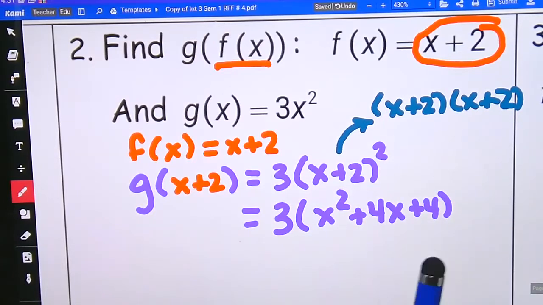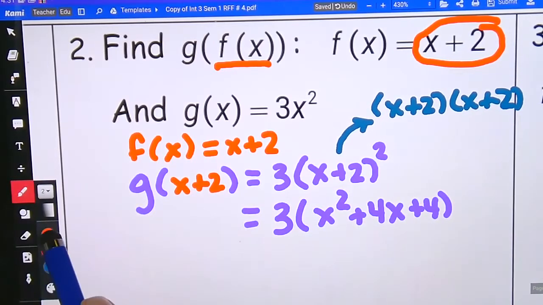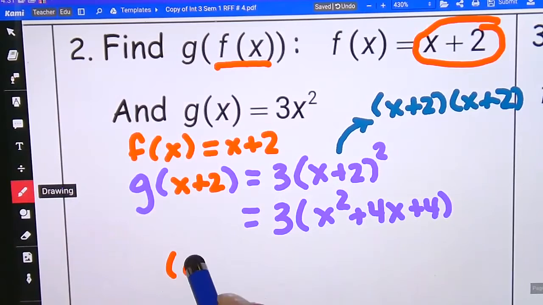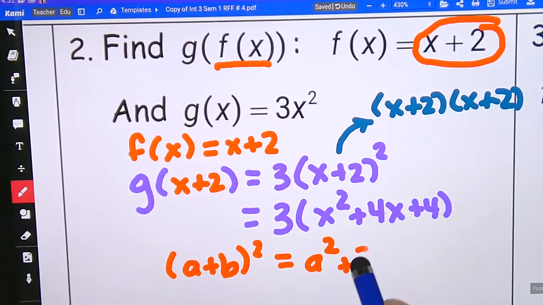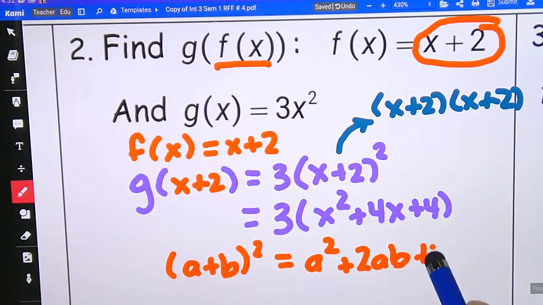So I'm using this idea, let me just jot it down real quick, that if I have (a plus b) squared, that is equal to a squared, where you square the front. You then multiply this together and double it, so it's 2ab. Because when I multiply it, then I double it, because you get ab twice if you're doing an area model. And then plus b squared.